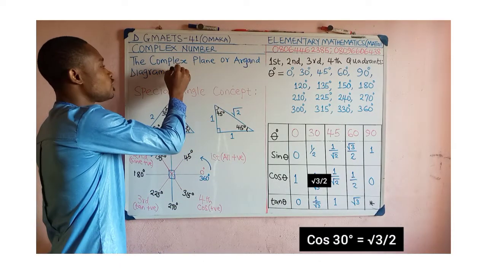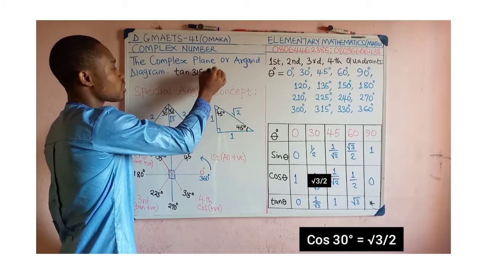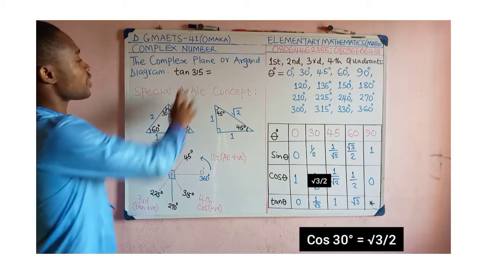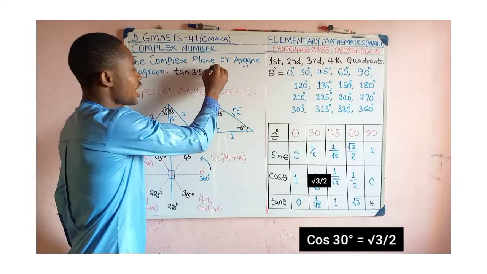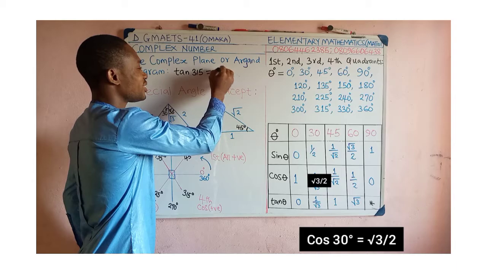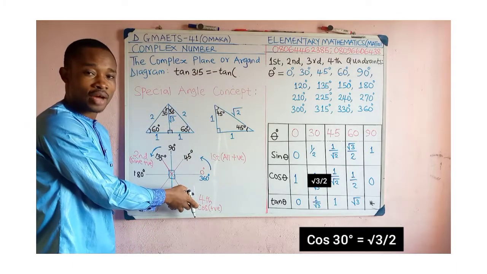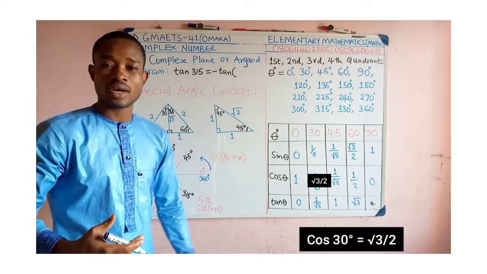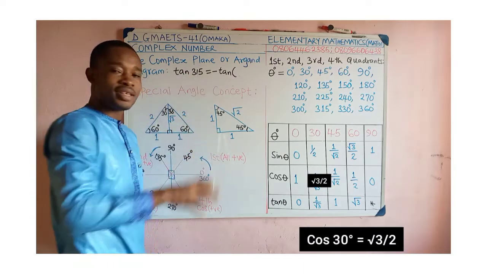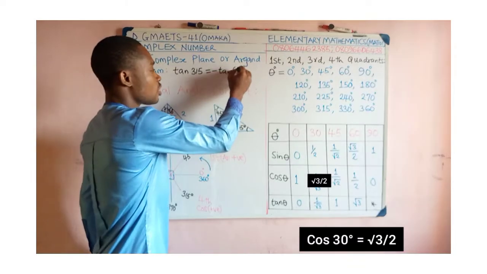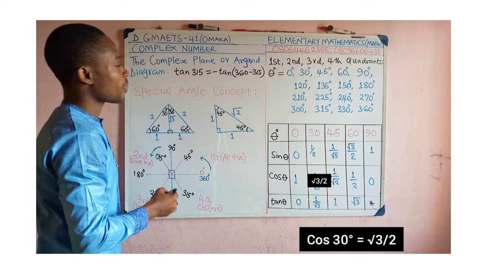So, let me do tan 315. How would I get the result? I'll look at this. 315 is in the fourth quadrant. Tan here is negative. So that is going to be minus tan. Take note that 315 is in the fourth quadrant now, so it will be subject to the power of 360 degrees. And because 315 is less than 360 degrees, it's going to be 360 minus 315.